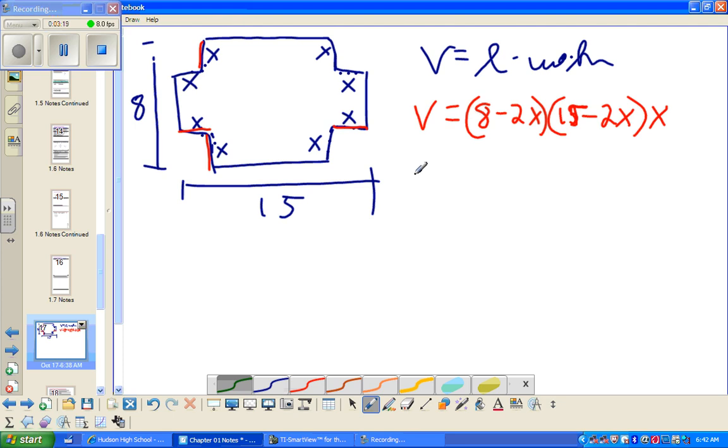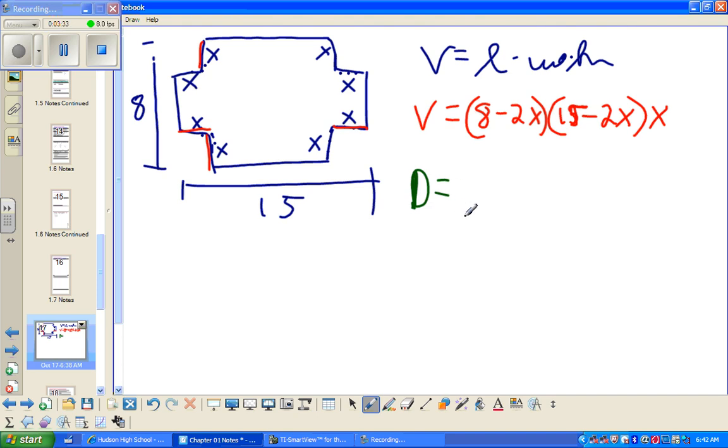Your domain is what you can plug in for x. You're going to cut out all the corners, so you have to cut out something. So it's not going to be a negative number. It's not going to be 0. So your domain is going to go from just past 0, so I use a parenthesis, until what?